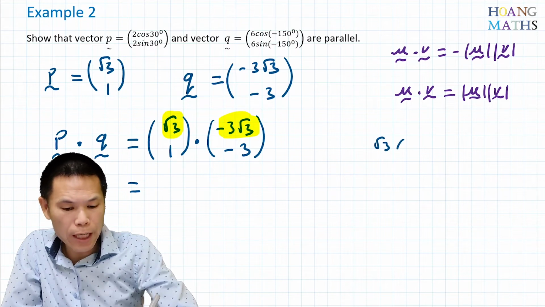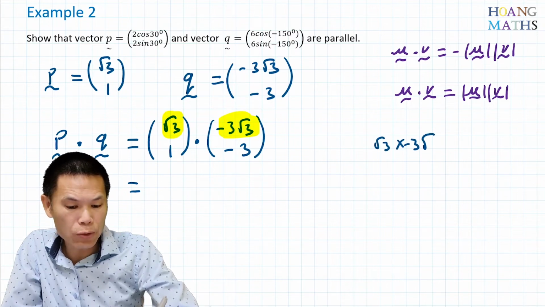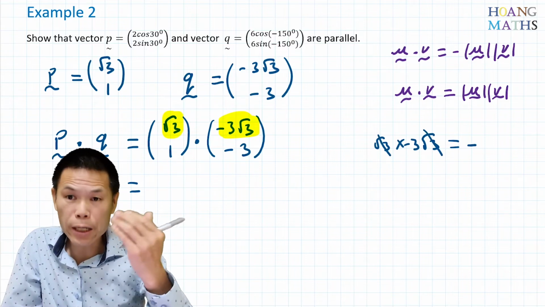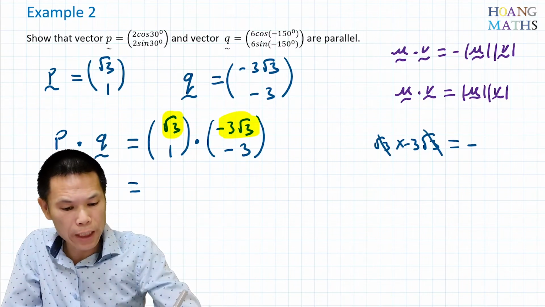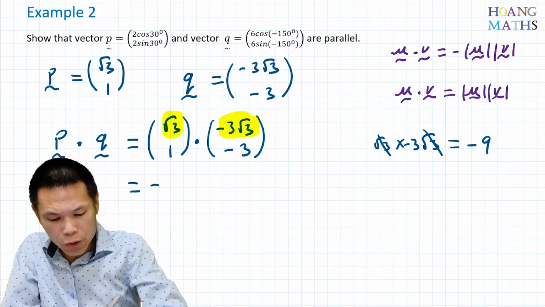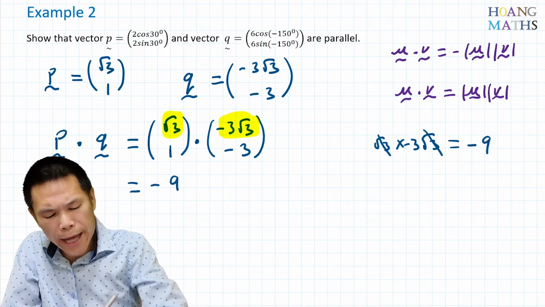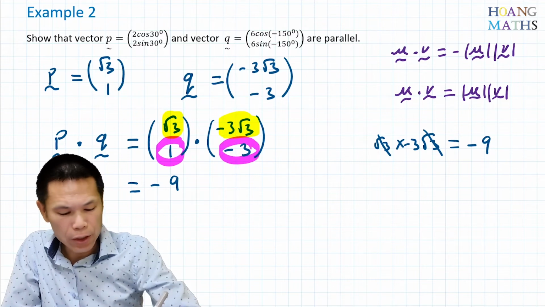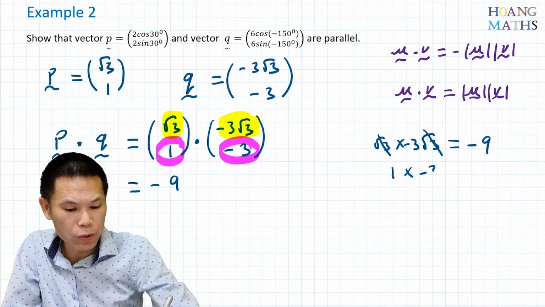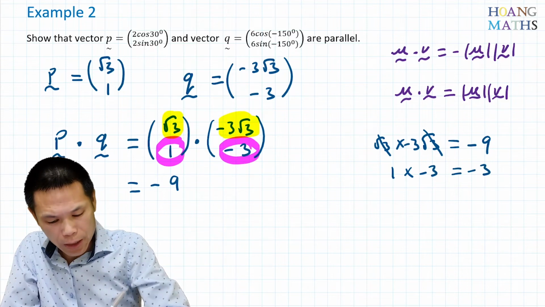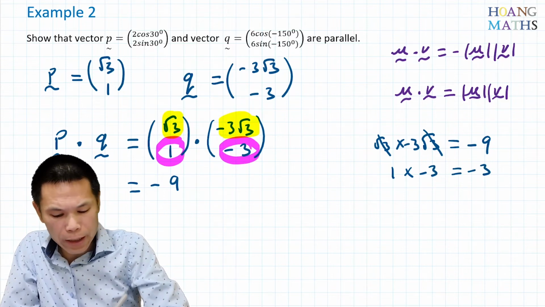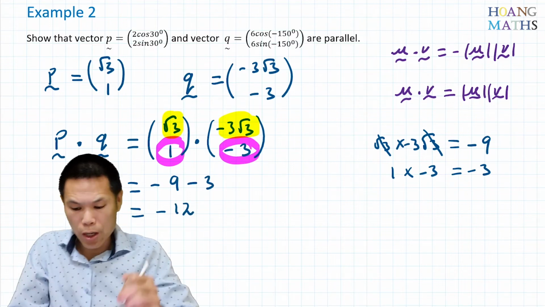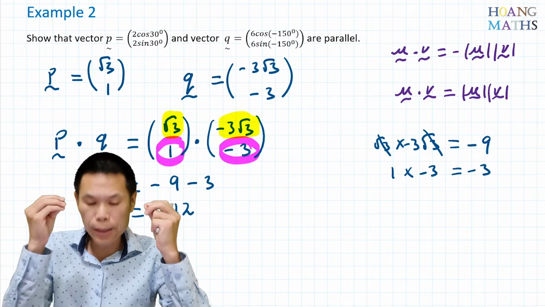Root 3 times root 3 is 3, and then 3 times 3 is 9, so negative 9. Then we add the product of these two components, which is 1 times negative 3, that gives me negative 3. So we add the negative 3, that becomes minus 3, which gives me negative 12. So P dot Q is negative 12.